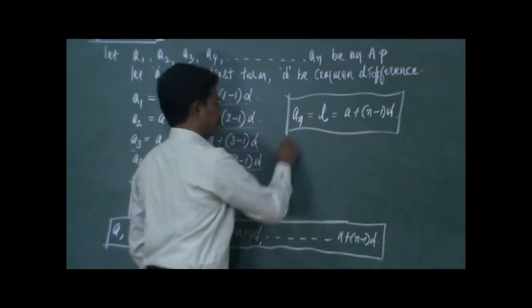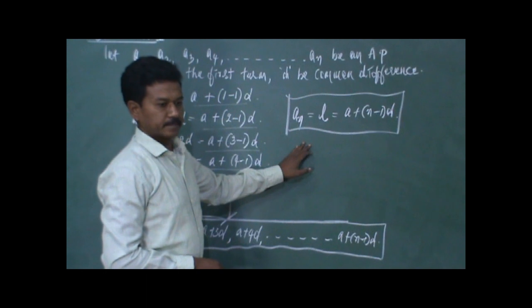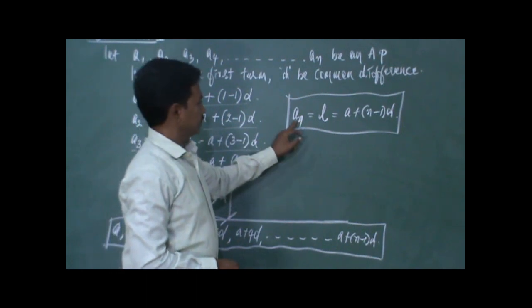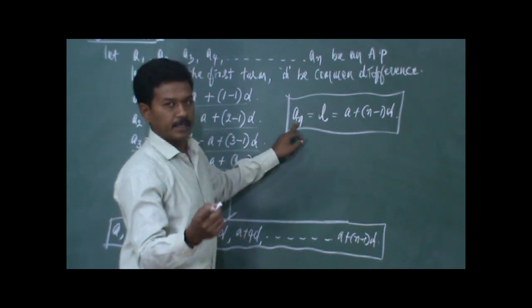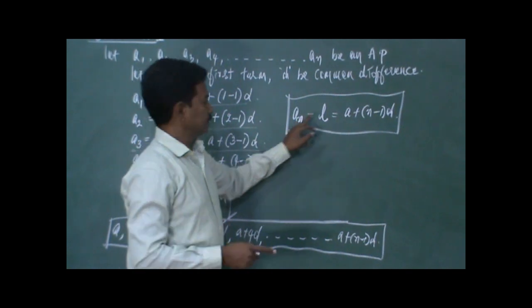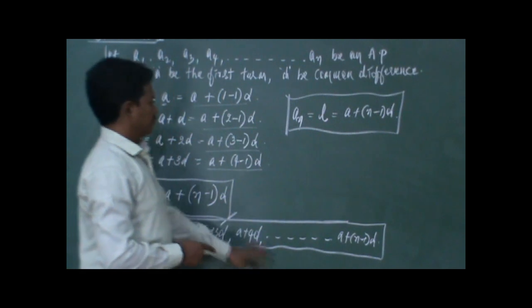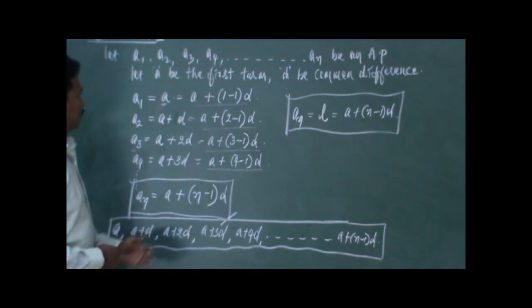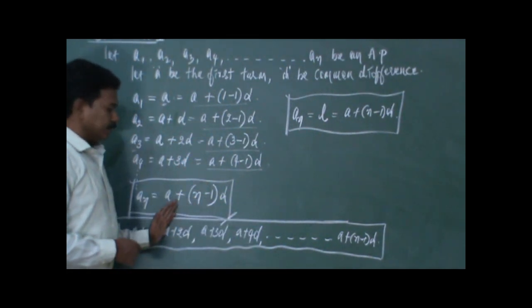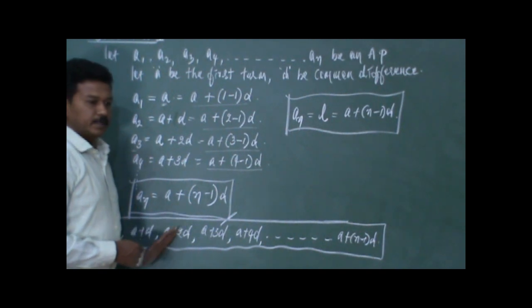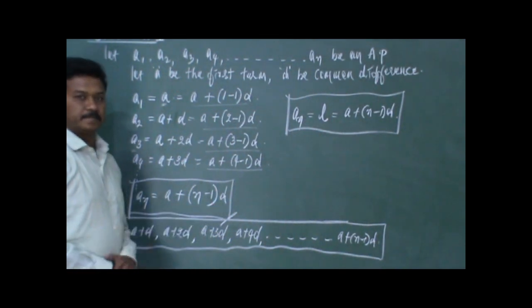So this is the bookwork for our very simple derivation to get the nth term of an AP and the general form of an AP.